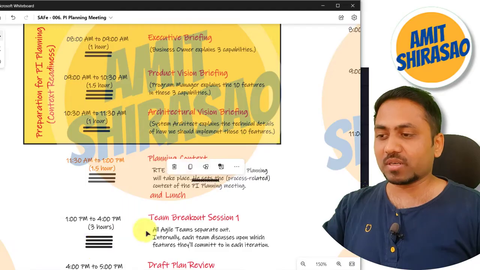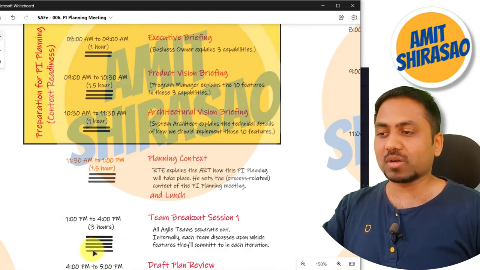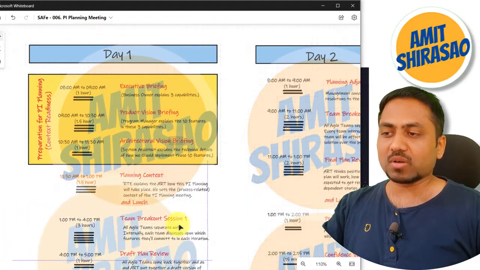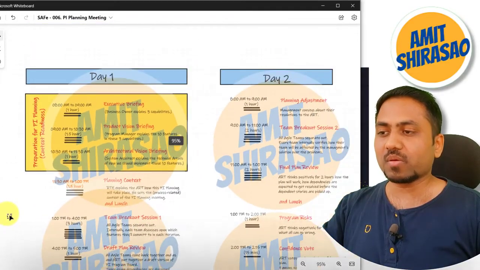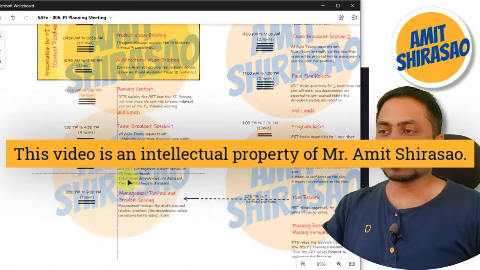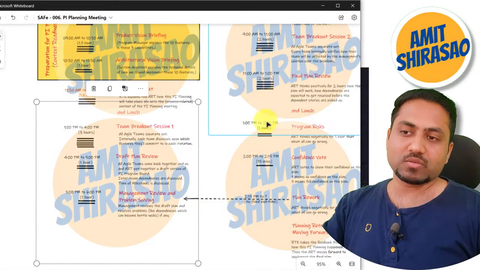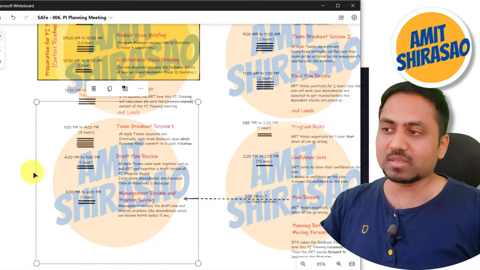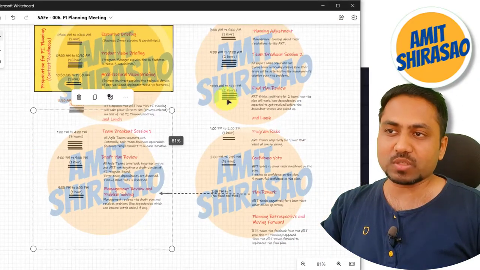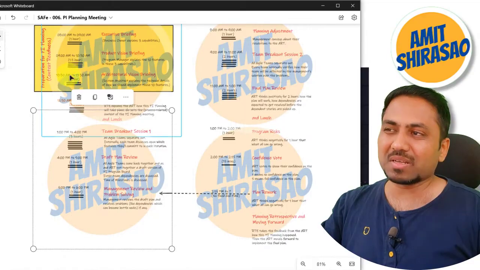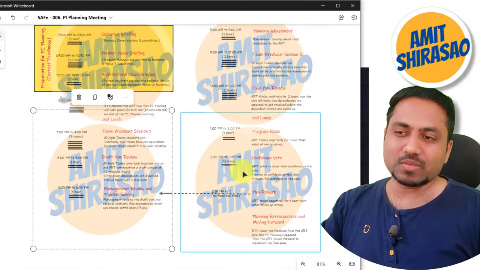I'll give it 5 underlines, because this is the longest period that you have in these 2 days. Other than that, there's the 2 hours, which is the second longest. Then this is just 1 hour, 1.5 hours, and even 15 minutes.